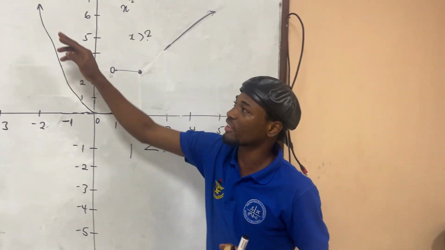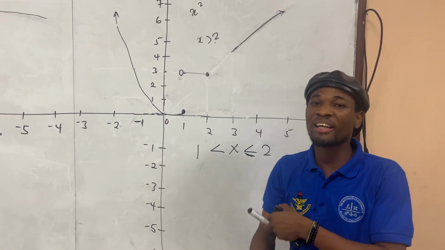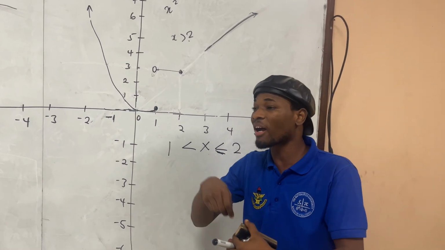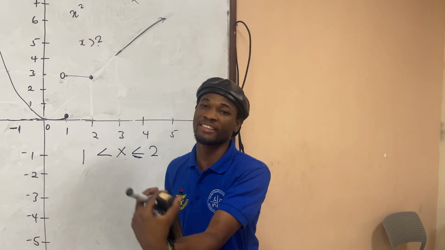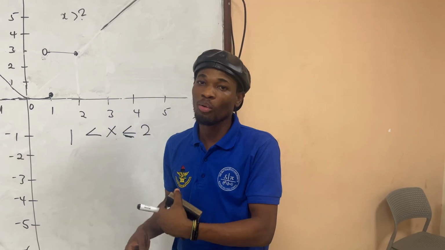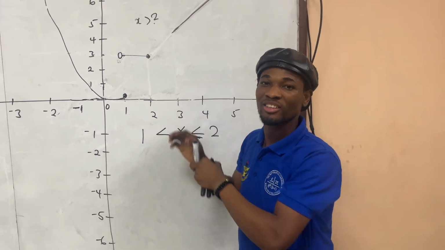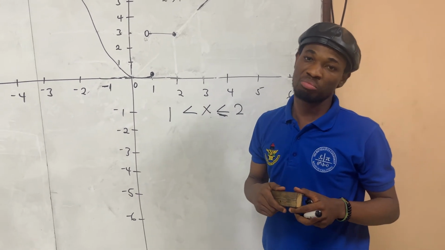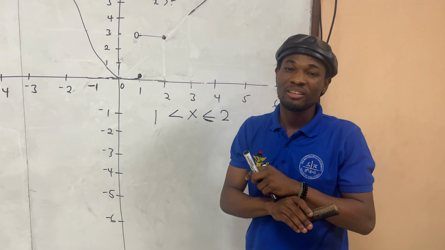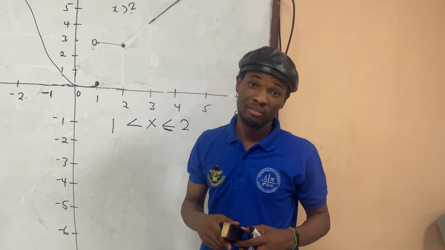First of all, you consider the individual functions, which other facilitators or books call segments. So you consider each segment. Afterwards, combine the graphs on a single sheet or a single graph book, and that is the whole concept behind the graph of a piecewise function.